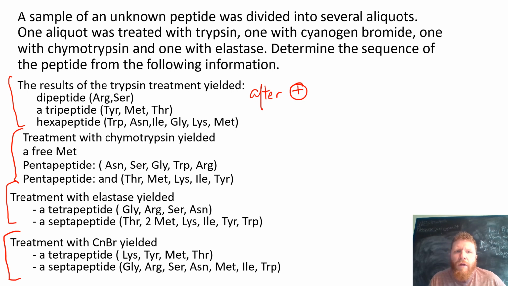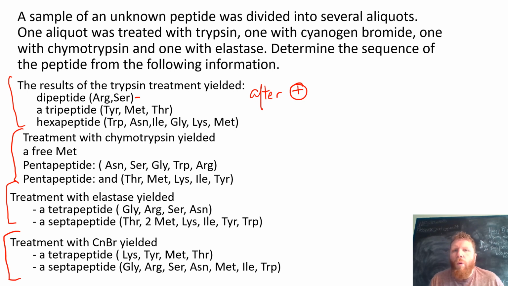First and foremost, when we're looking at our dipeptide, we know that trypsin is going to cut after a positively charged residue. Between these two amino acids, you have arginine and serine. Now, being in parentheses, we don't know the exact sequence. However, we basically have one of two different options.